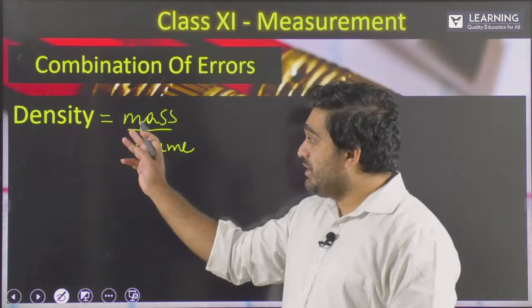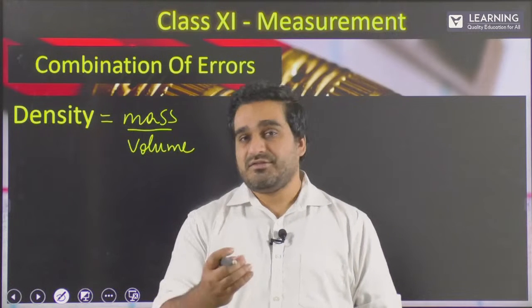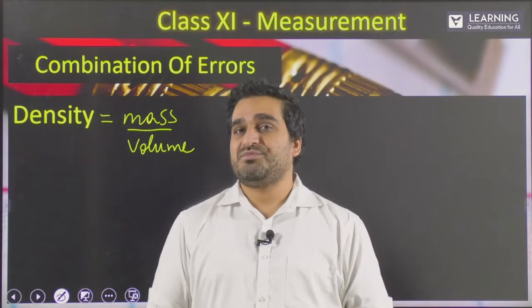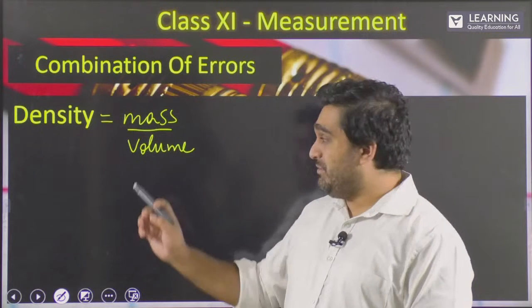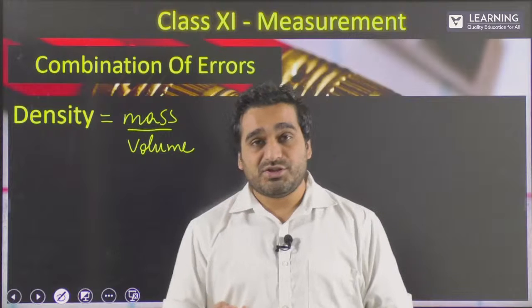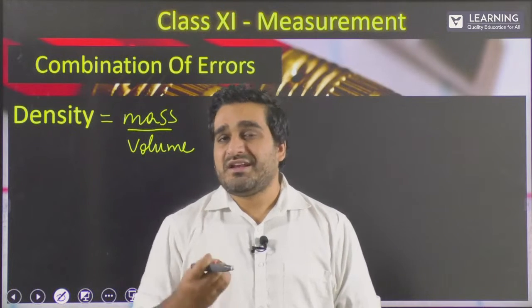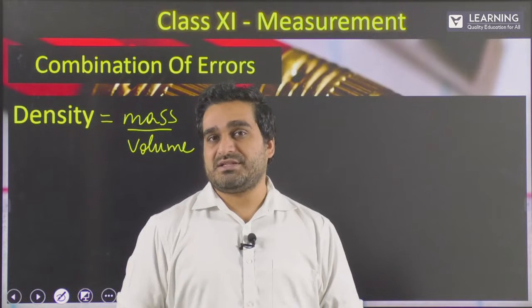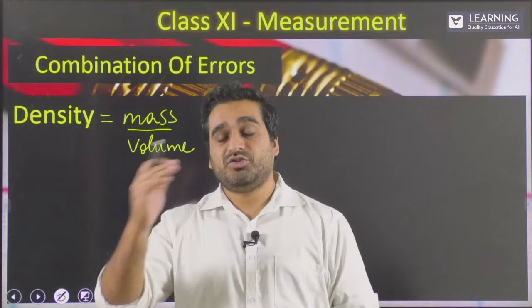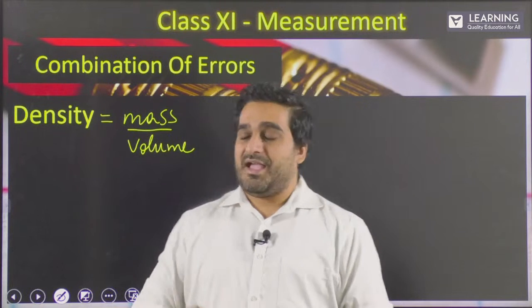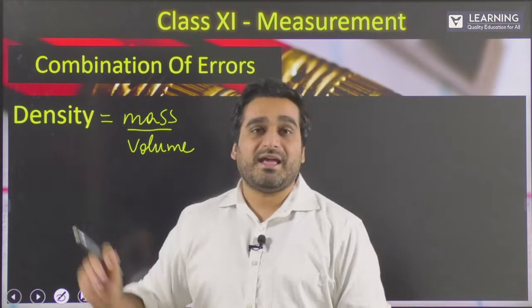Now, while measuring mass, obviously the instrument that you'll be using has a resolution. So which means there will be an error for a given mass. Similarly, when you measure a volume, there will also be an error. So if there are errors in two different measurements such as mass and volume, how will you identify the total error? Error by mass, error by volume, what will be the total error by density?